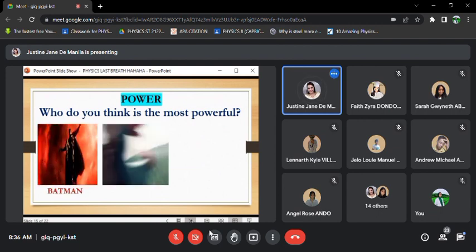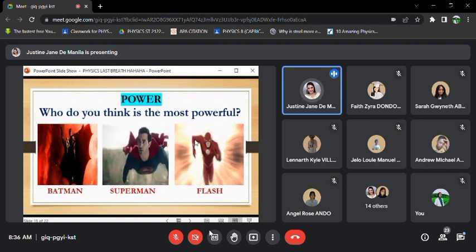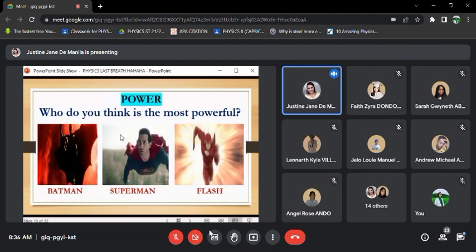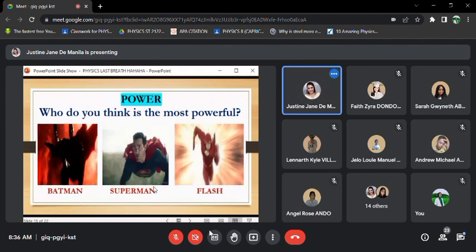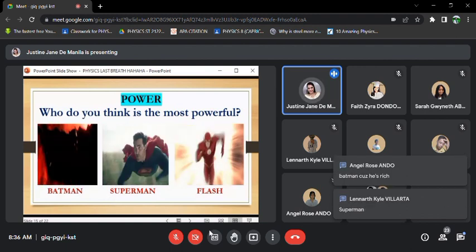So, who do you think is the most powerful? Batman, Superman, or Flash? You can unmute your microphone or type in the chat box.